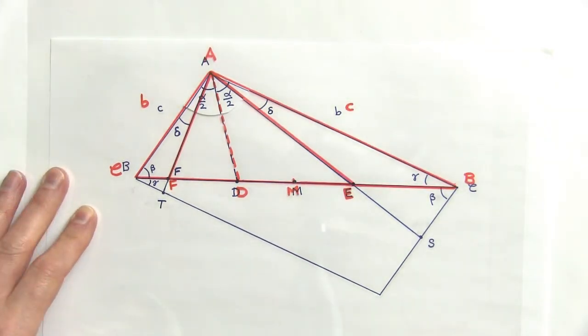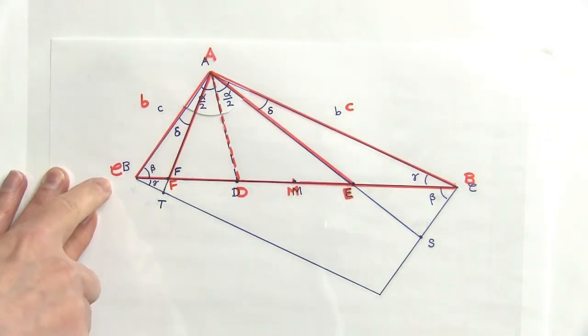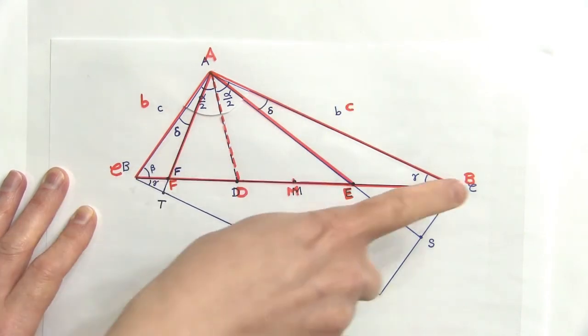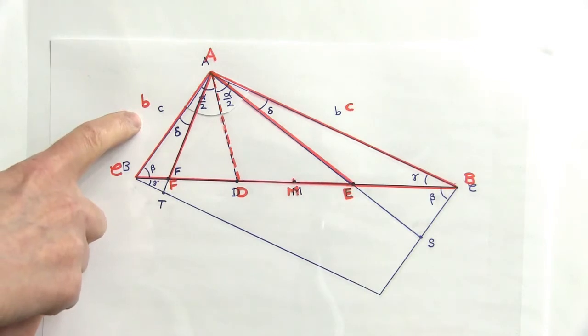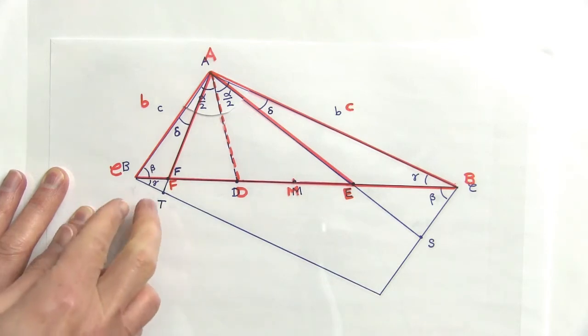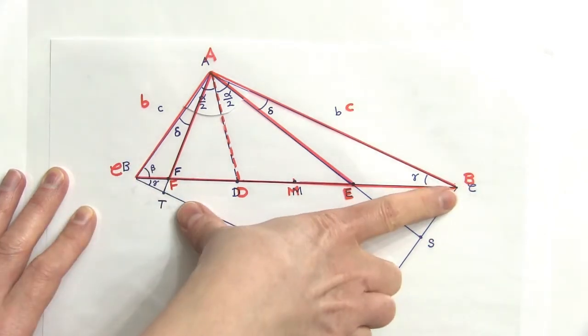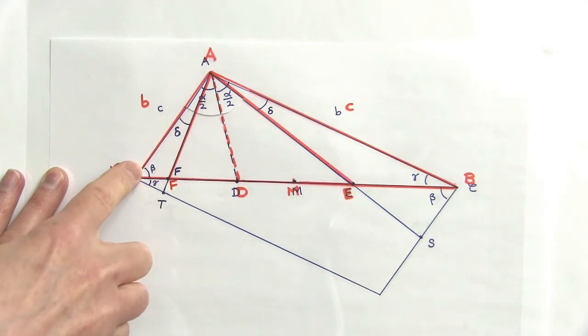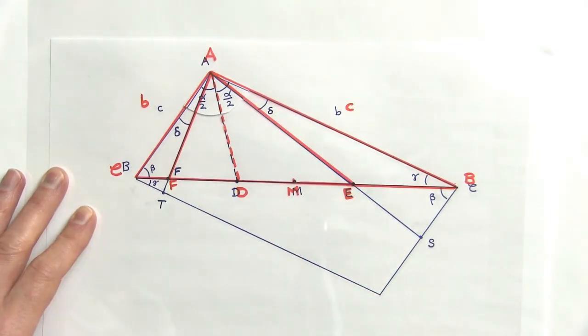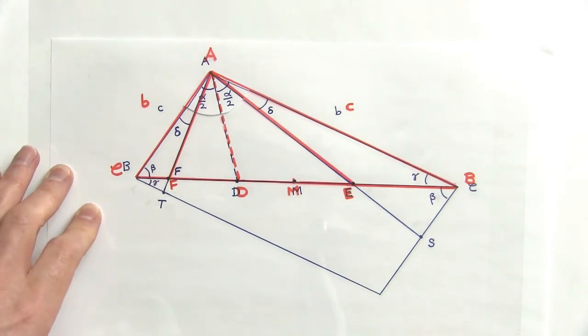But that would require that we label the side opposite vertex C as little c, and the side opposite vertex B as little b. But that doesn't change the fact that what we just proved is that the ratio of this length to this length is this side length cubed over this side length cubed. I've just relabeled all of those sides.